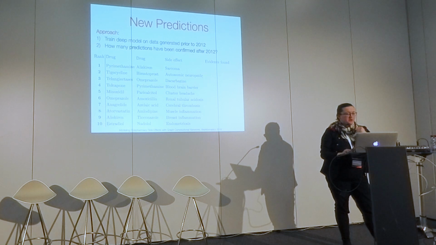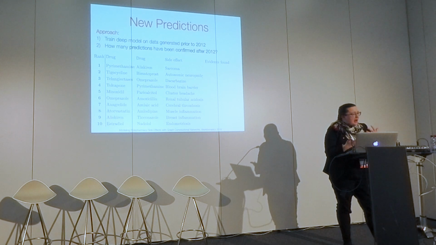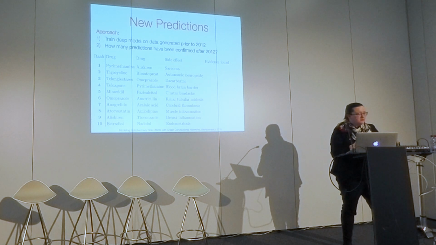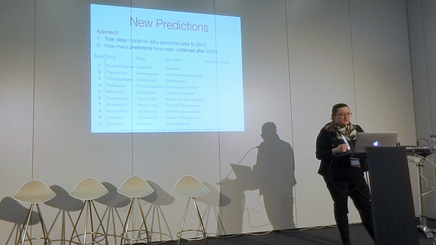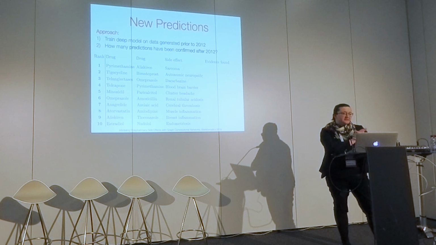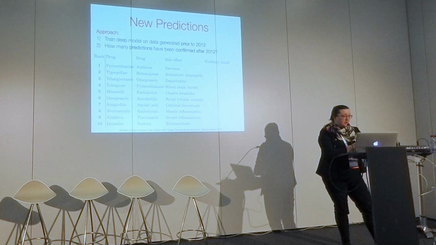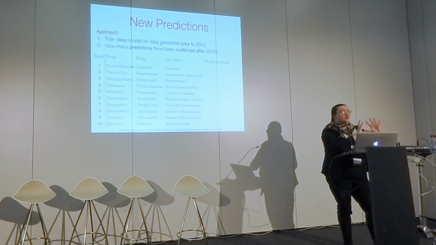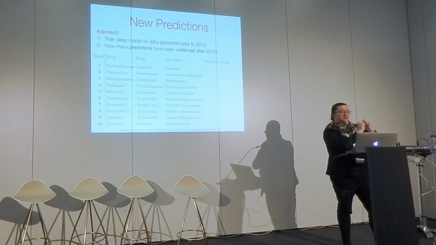Beyond cross-validation, what we wanted to do is really to see, are our predictions useful in the real world? So the first test that we did for that is we took our approach and trained it on all the data generated prior to 2012. And then we asked the model, if you have seen all the data up to 2012, what predictions do you make?